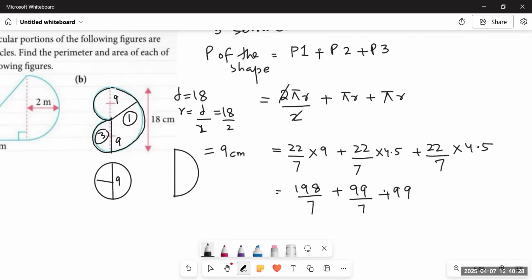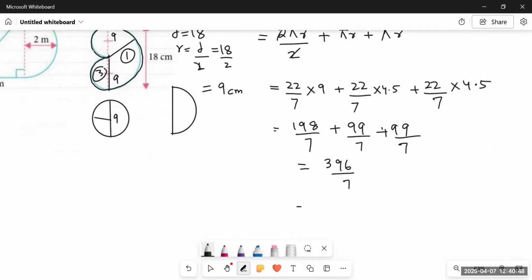Now, since the denominators are the same, we can add the numerators and the answer would be 396 upon 7. Right? So we will divide it by 7 and the answer would be 56.6. So this would be the circumference.